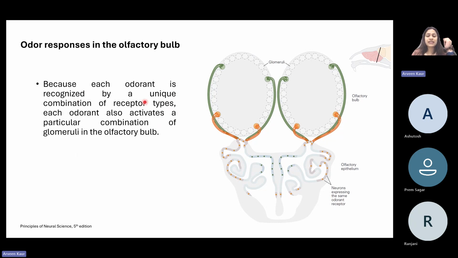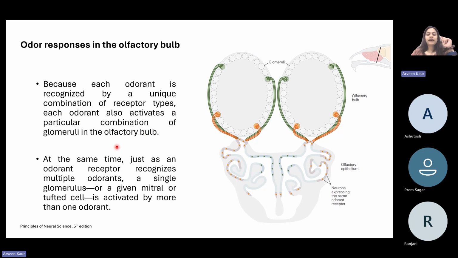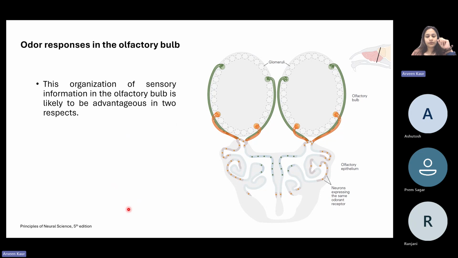Because each odorant is recognized by a unique combination of receptor types, each odorant also activates a particular combination of glomeruli in the olfactory bulb. At the same time, just as an odorant receptor recognizes multiple odorants, a single glomerulus or a given mitral or tufted cell is activated by more than one odorant.